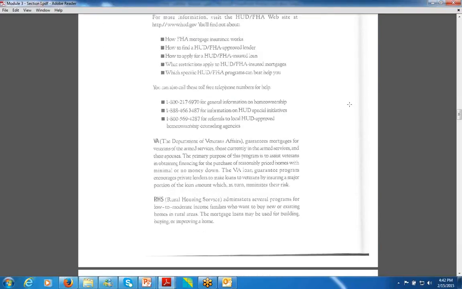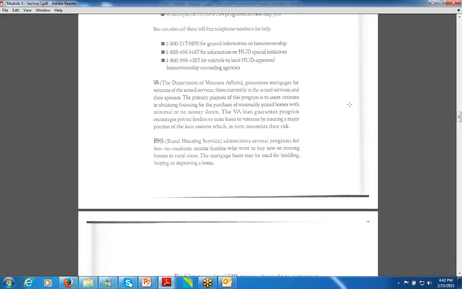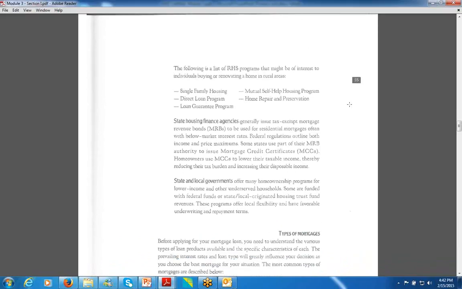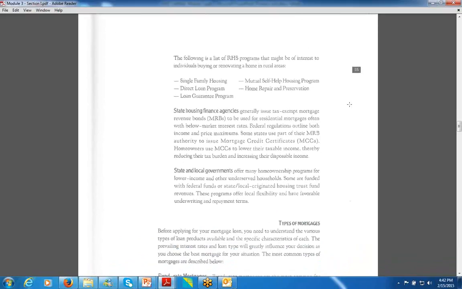We talked about the Veterans Administration, and rural housing services for rural housing outside of agricultural areas. There are special loan programs. The Farm Bureau has a specific program for more rural areas as well.